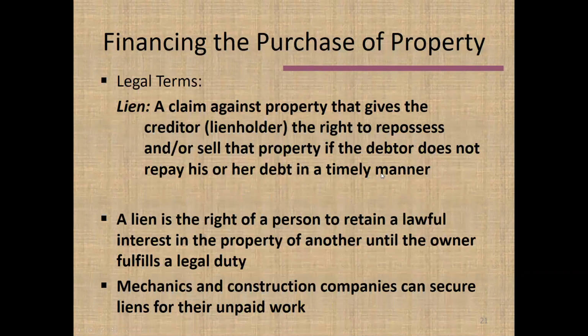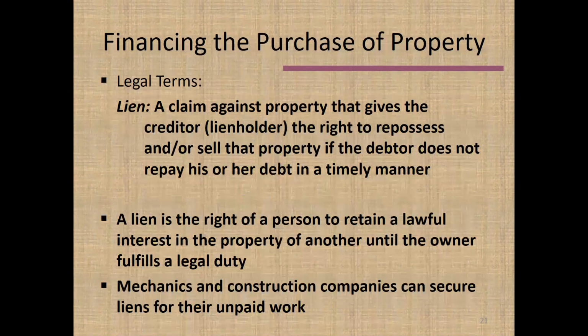So let's go through a scenario. I buy 50 tables for my restaurant. Each one of the tables is $1,000, so it's going to be $50,000. I don't have $50,000, so I have a loan. I go to the bank, I put down $10,000, and the bank loans me $40,000.